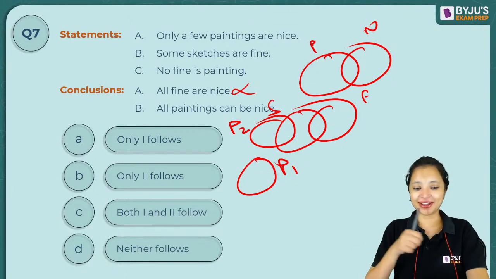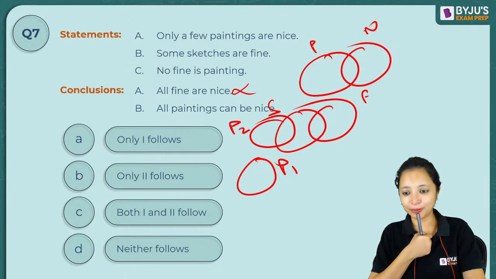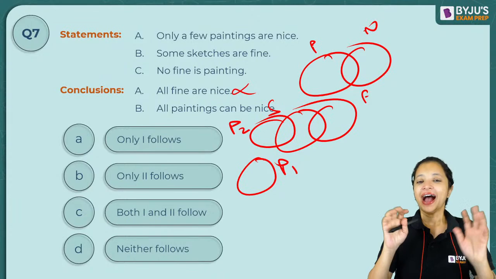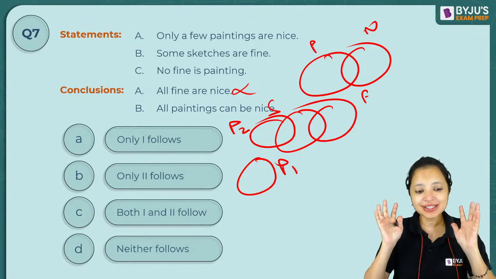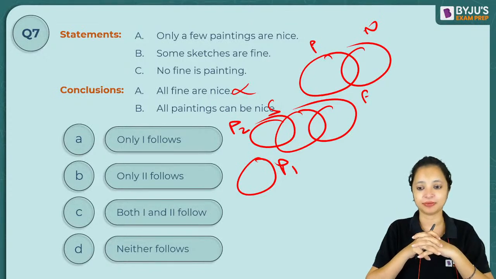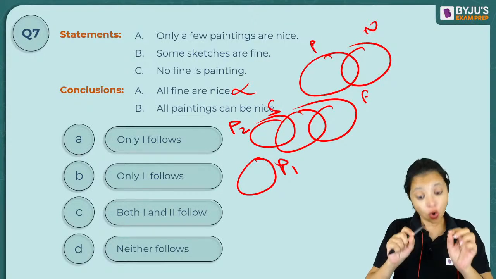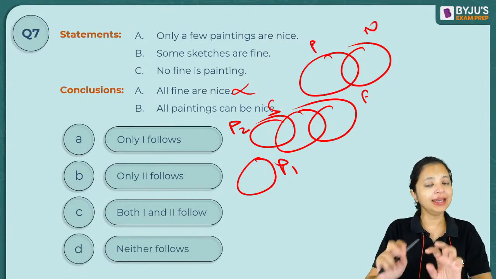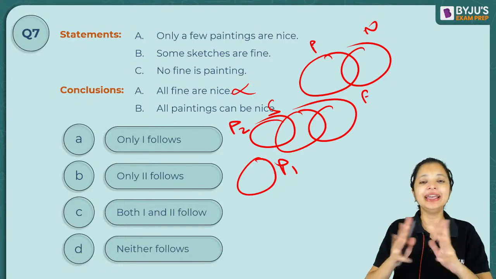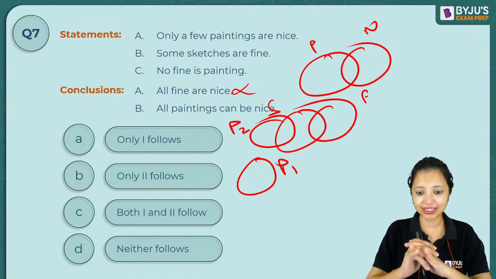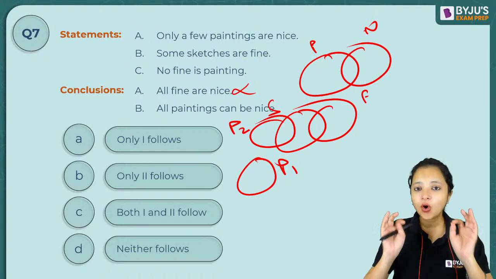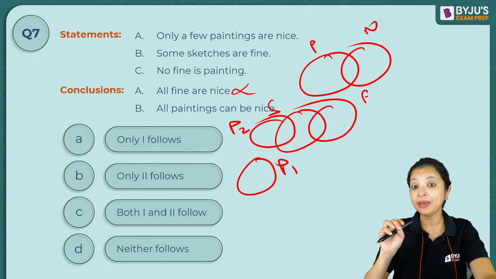You guys mark the B. How do you handle only a few paintings are nice? What does that mean? Let's understand that first. When I say only a few, can it also mean all in any scenario?